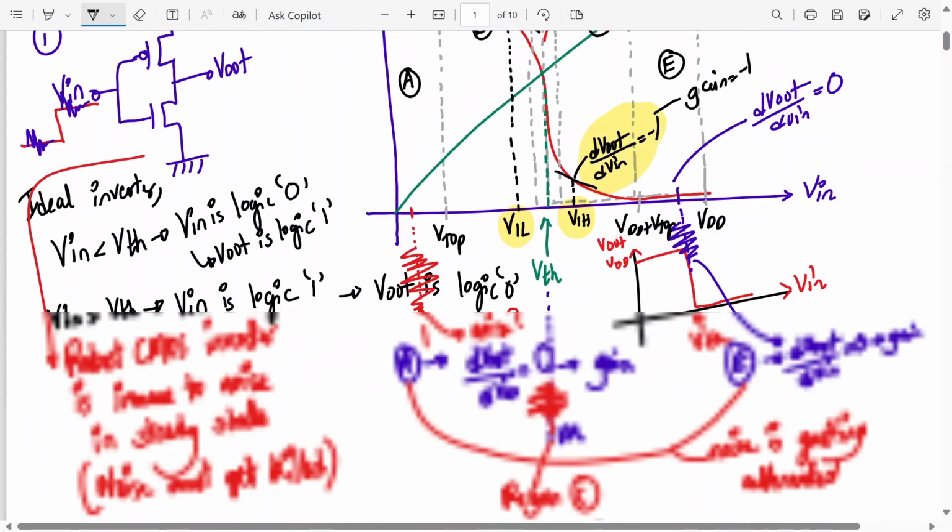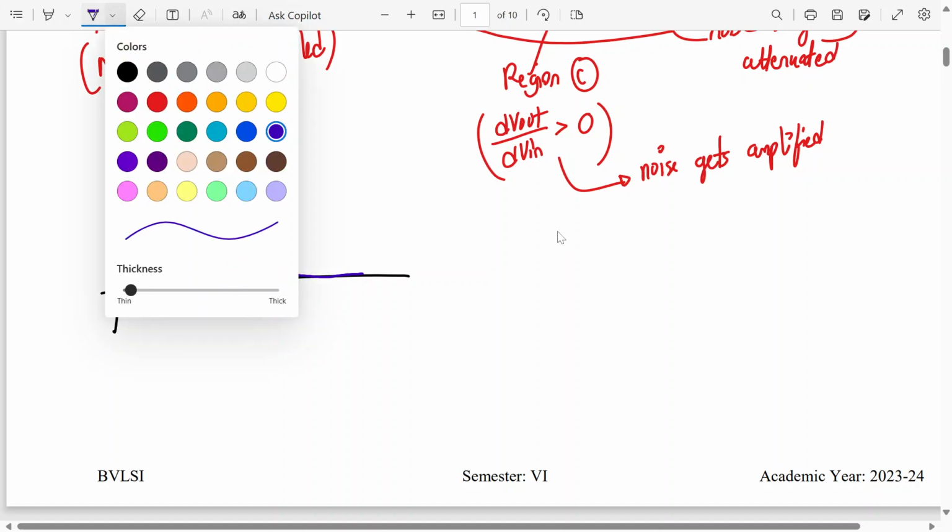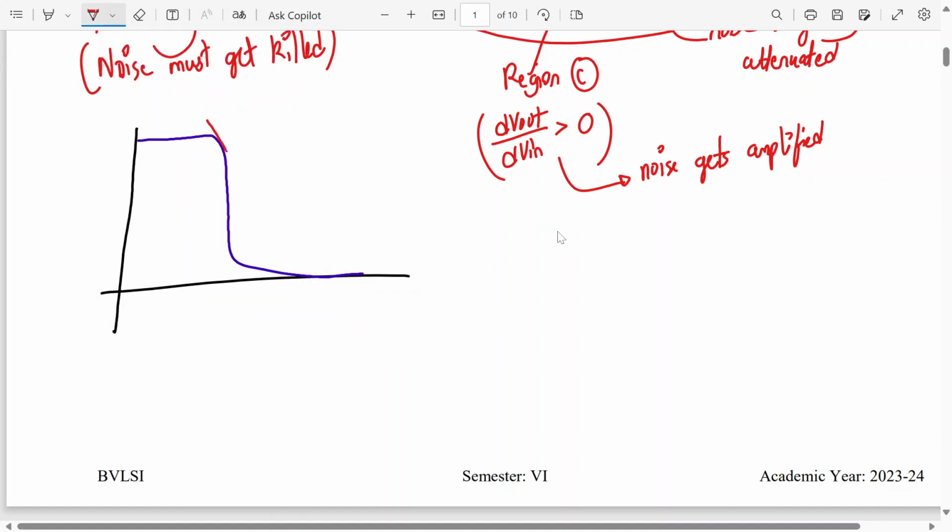Alright, now let me draw a clean VTC curve. I only concentrate on showing you these 2 points on the curve.